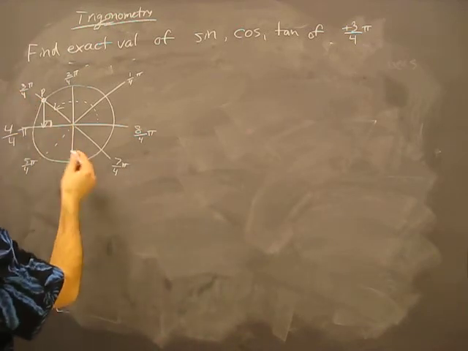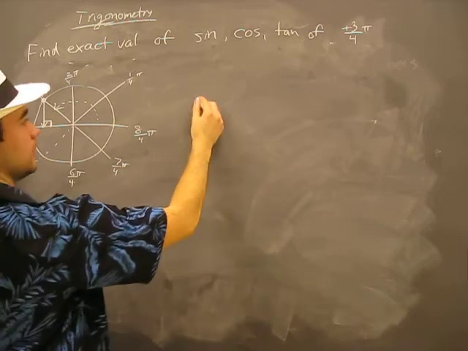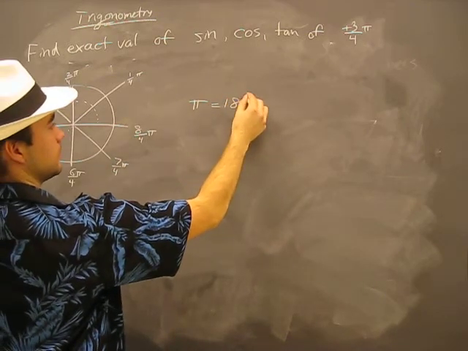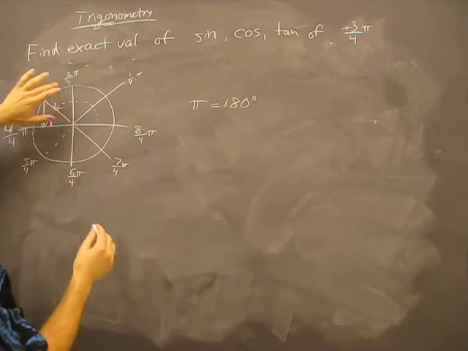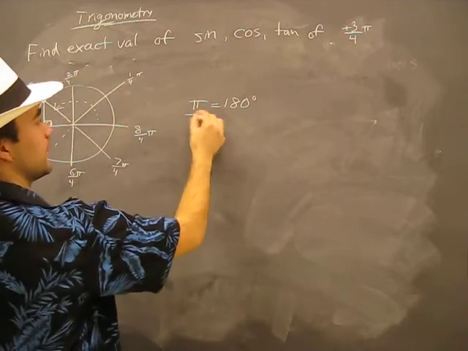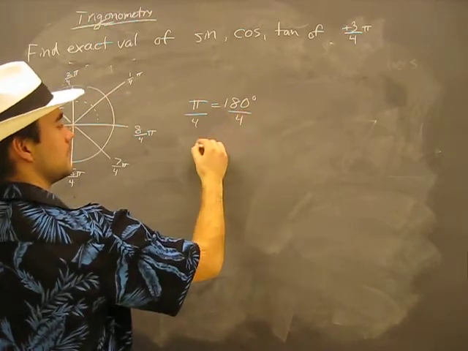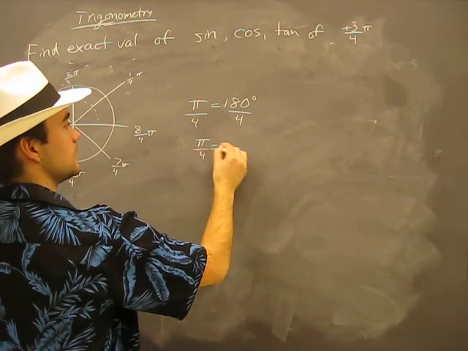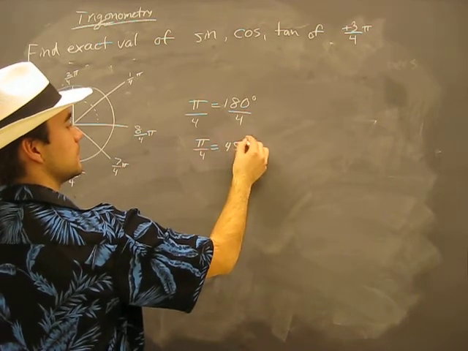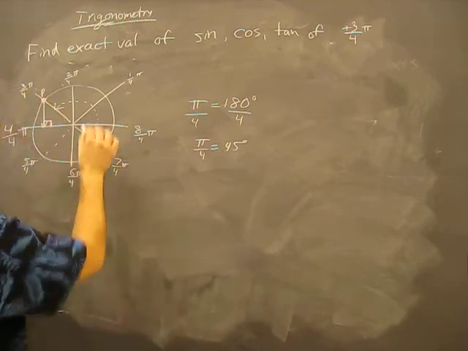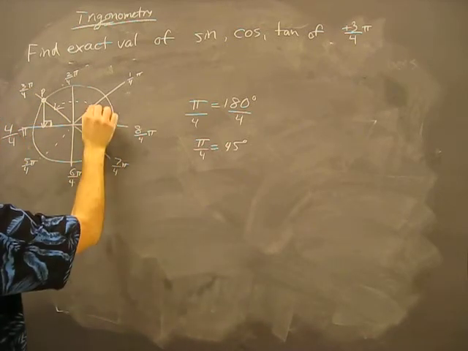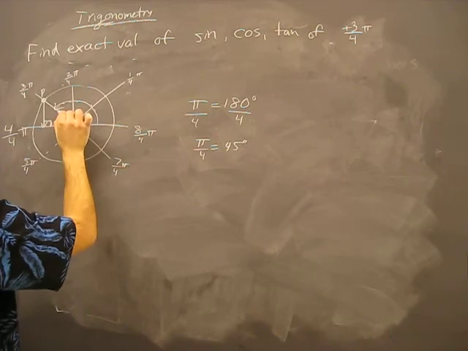So what do we have here? Remember, pi is 180 degrees, right? If we divide it into pi quarters, divide by 4, that means that pi quarters is 45 degrees. That means that every section here is 45 degrees. There's 45, there's 45, there's 45, and there's 45.